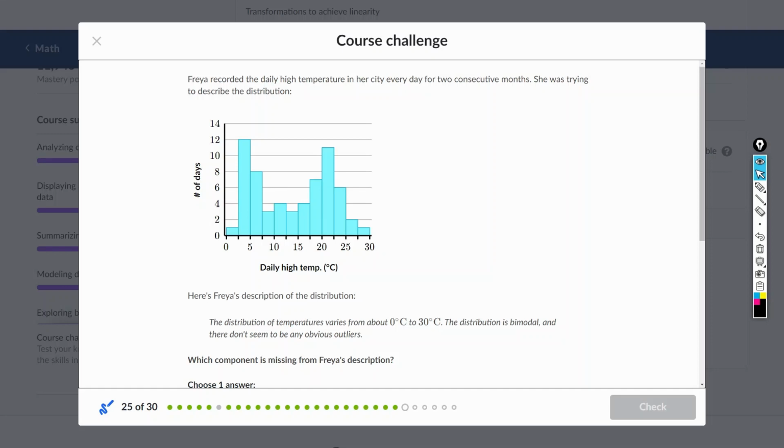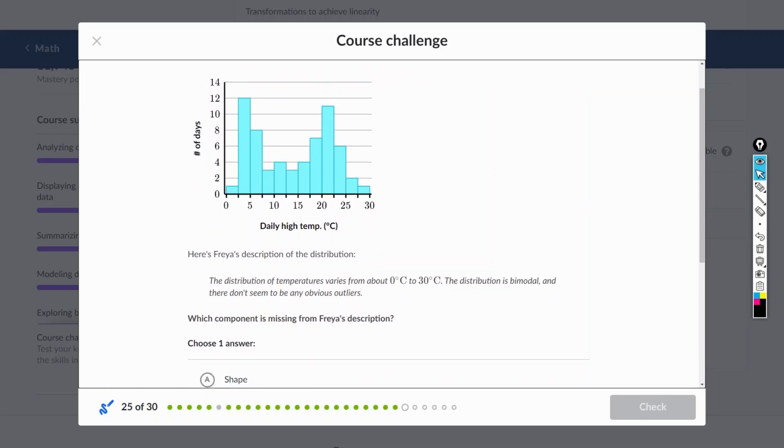OK，好，F recorded the daily high temperature in the city every day for 2 consecutive months. She was trying to describe the distribution. Here's the description of the distribution. Daily high temperature, number of days. The distribution of temperature varies from about 0 to 30. The distribution is bimodal, and there don't seem to be any obvious outliers.